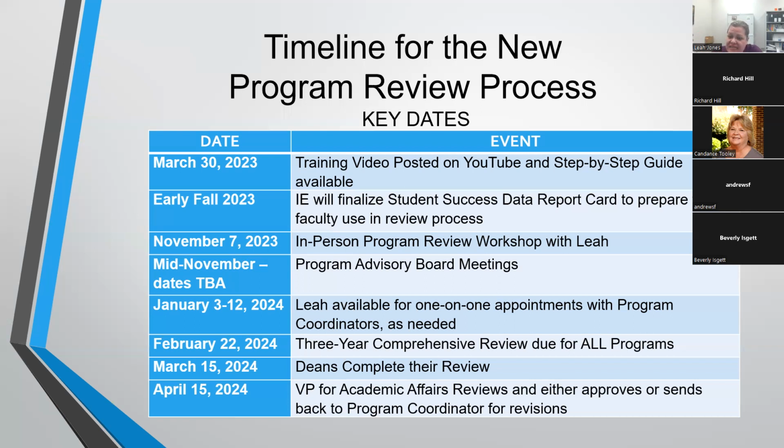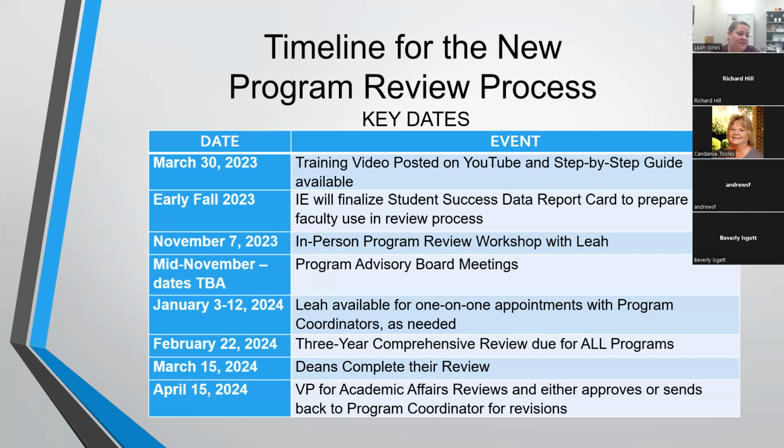By March 15th, we'll ask that all of the deans have had a chance to look at all of the program reviews for those in their division and have given feedback to the program coordinator. Of course, you really need to probably ask your dean before that, but we wanted to have a little bit of cushion for time for the deans to look at the program reviews and make sure that they're complete or that there isn't something that a program coordinator might have forgotten to talk about.